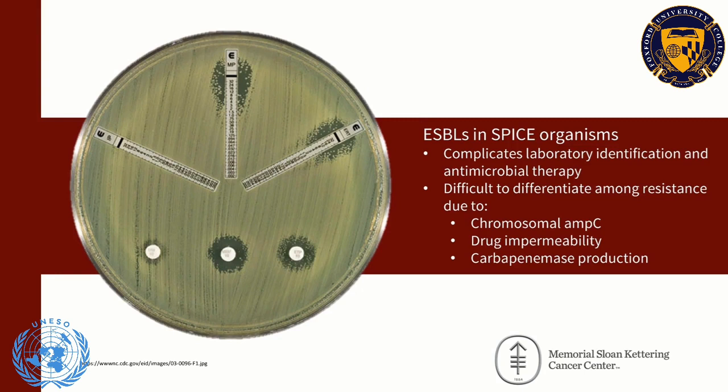It can be difficult to phenotypically distinguish among these mechanisms depending on the method of laboratory identification employed. For example, it can be quite difficult to differentiate among resistance due to chromosomal AmpC, drug impermeability, and carbapenemase production.